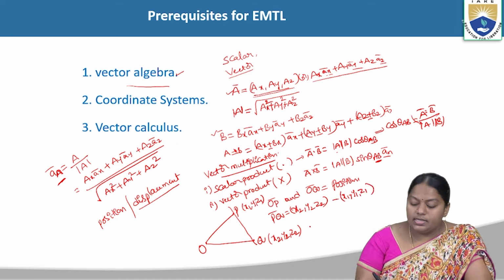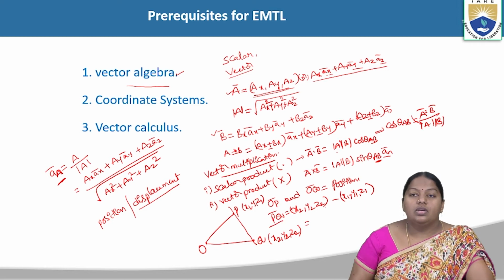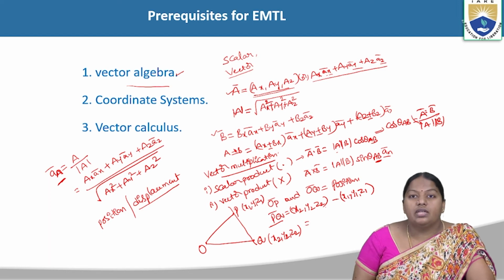We will write the formula as (x2 minus x1) into ax plus (y2 minus y1) into ay plus (z2 minus z1) into az. And this PQ bar is said to be the displacement vector.